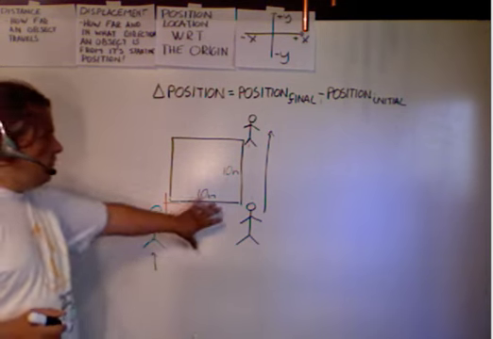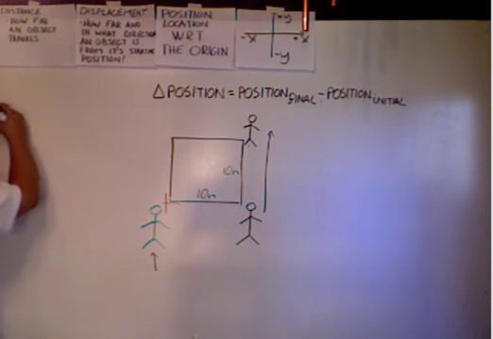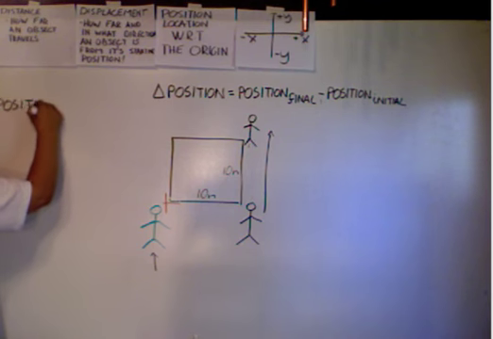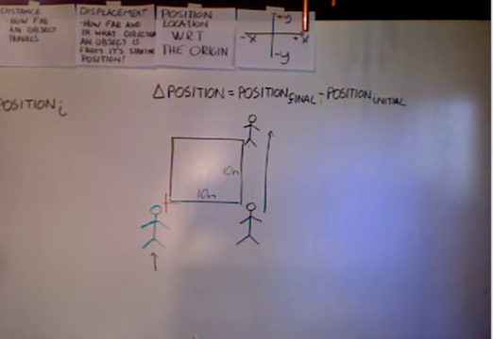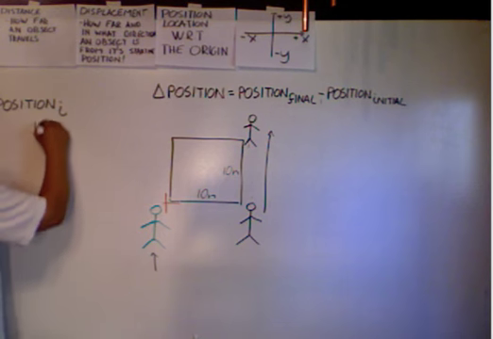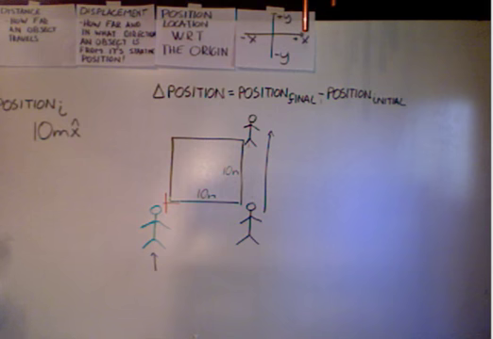So, talking about his initial position, I'll put a box here for position initial. His initial position tends to be 10 meters in the x-hat direction. Okay? That's his initial position.